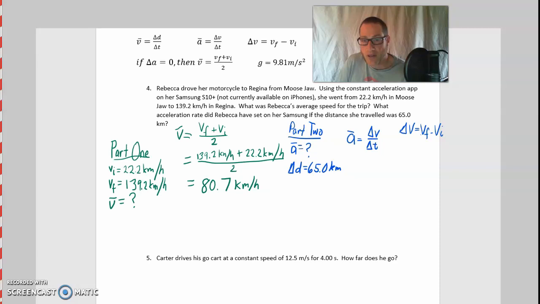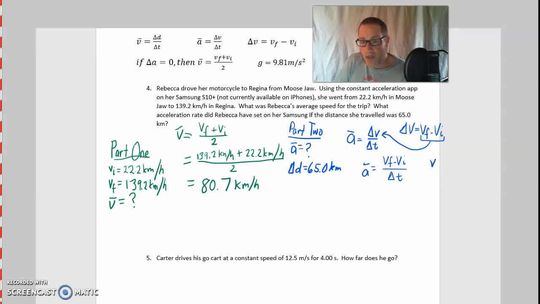So this VF minus VI, that I'm going to substitute in here for delta V. So I'm going to rewrite this: a bar is equal to VF minus VI divided by delta T. Okay, because I know VF and I know VI. So that's good. Delta T I don't know, and if you look up here, this equation has delta T and this one has a delta T. So I'm going to be using this equation, and hopefully I know delta D and V bar, which indeed I've been given delta D and V bar I've solved for, so actually it's going to work out real nice.